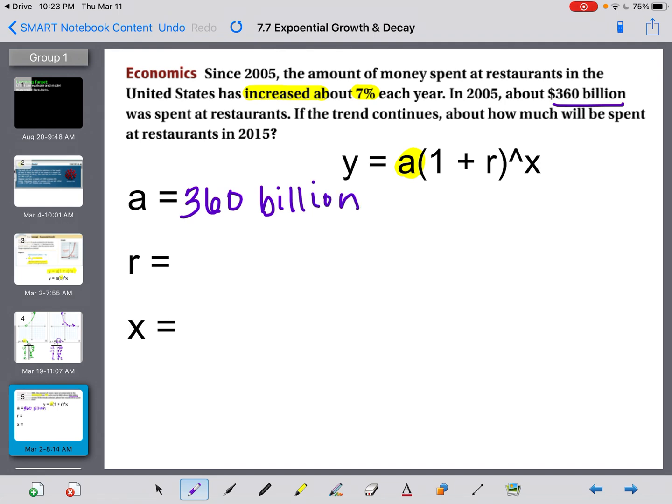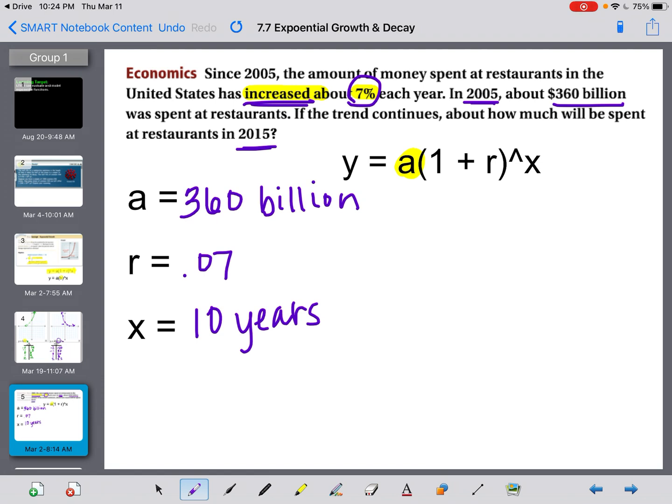The R is our rate of change, or what it's growing by. This time we know it's growing. So for the R, I'm going to plug in 7%, but as a decimal, that's 0.07. And then our x will be how much this is happening. So they're talking about how much will be spent in 2015. Well, we started in 2005, going to 2015, that's 10 years.